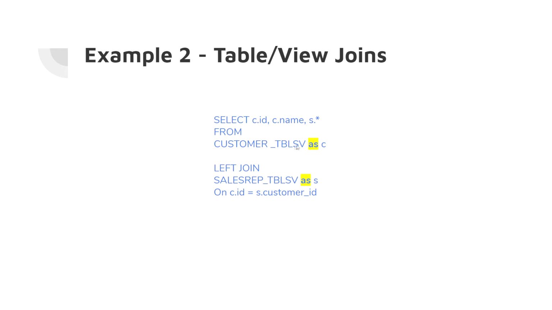But if we were to provide an alias, we could say here that, hey, from now on, I'm going to refer to this table as just C. And likewise down here, I'm going to refer to the sales rep table as just S. So now when I come up here, I can just simply say C.ID, C.name, S.*, instead of having to type out the whole name of the table.